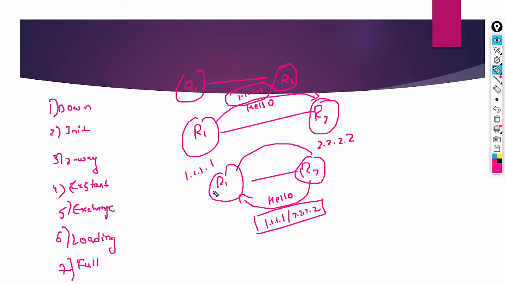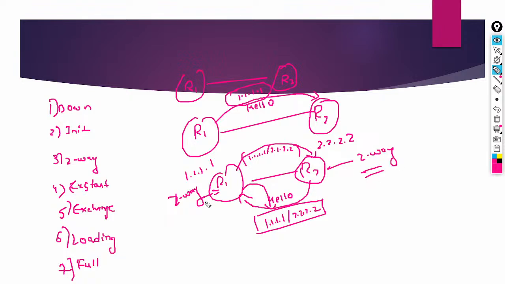So now the receiving router is able to see its own router ID in the received hello packet. Means R1 is able to see its own router ID in the received hello packet, so R1 will be considered in the two-way state. After that, R1 will again send a hello to R2, and now R2 will also be able to see its own router ID because it will also see 1.1.1.1 and 2.2.2.2. So now R1 and R2 both will be in the two-way state.